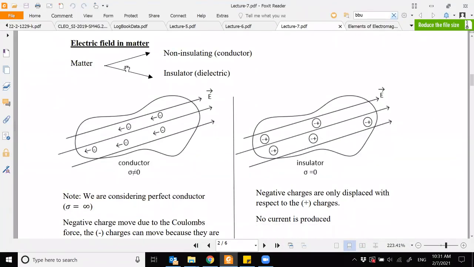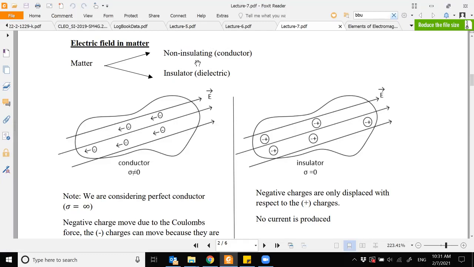Electric field in matter: matter, at least within the umbrella of electromagnetics, we divide into either conducting or non-conducting, that is, non-insulating, which is nothing but your conductor, or insulator, which is nothing but your dielectric. So matter is divided into two, either dielectric materials or conducting materials.